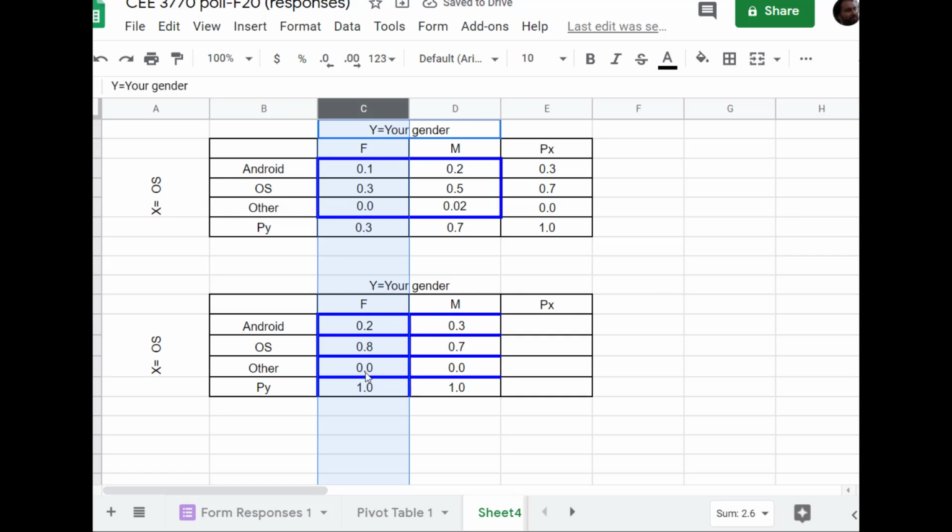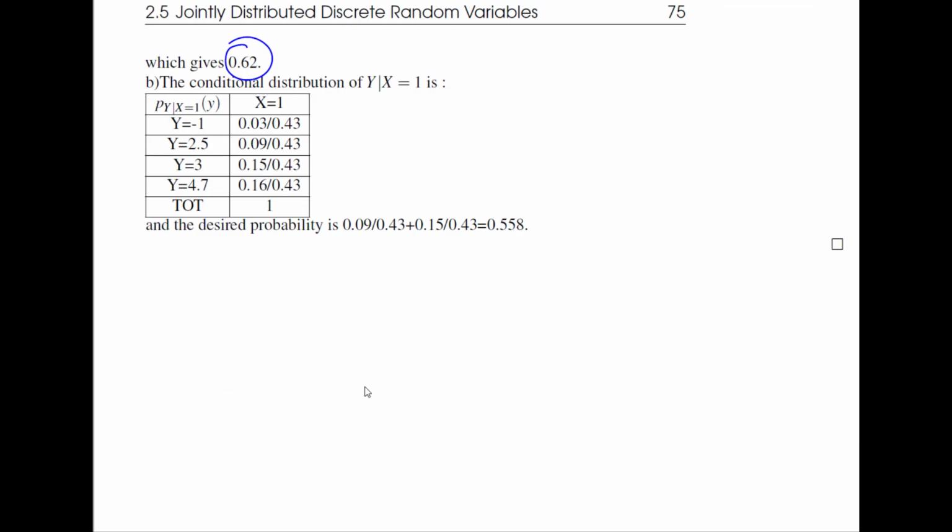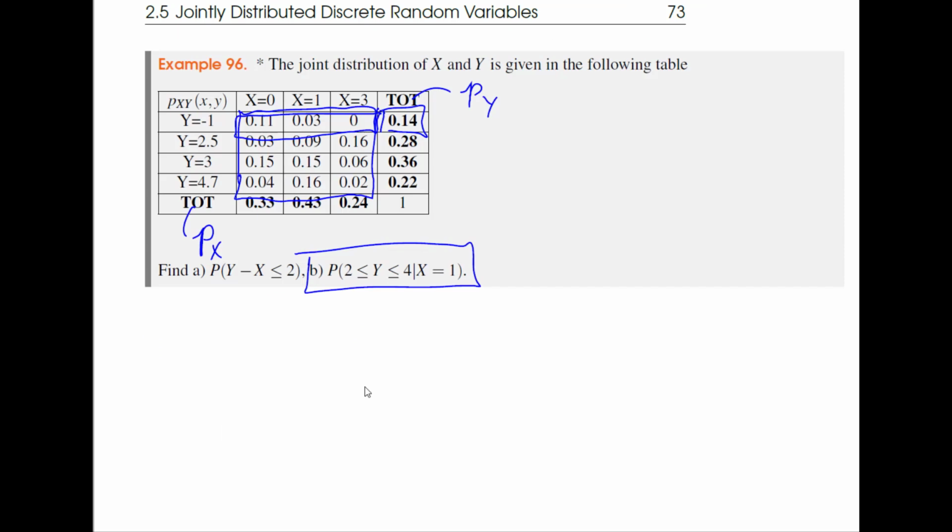By normalize, we mean that the sum of all these probabilities has to add up to 1. And that's what we do here. We only take the column with x equals 1, and this is our new sample space.